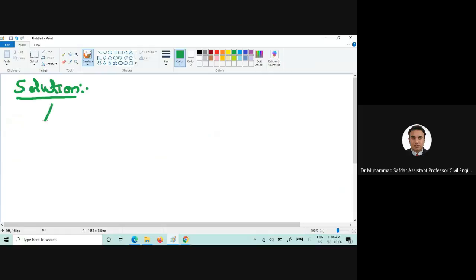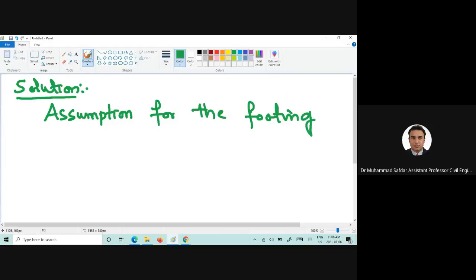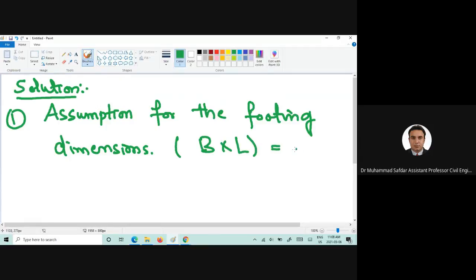So we need to start with an assumption for the footing's dimensions, because we don't have any dimensions here. For example, B into L is equal to 2.5 into 3 meter.